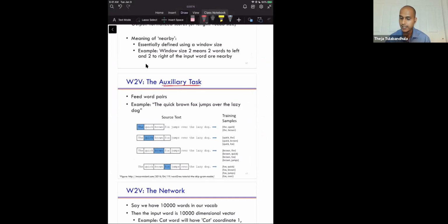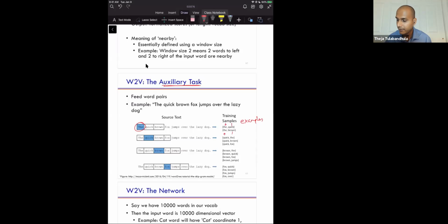Okay, the training samples are examples. There'll be an input and there'll be an output. So the input is you pick some word. You can pick every word actually. So pick a word, let's say the first word, and that's going to be the input, and the output is going to be quick and brown. Okay, so quick and brown are the two nearby words for this word.